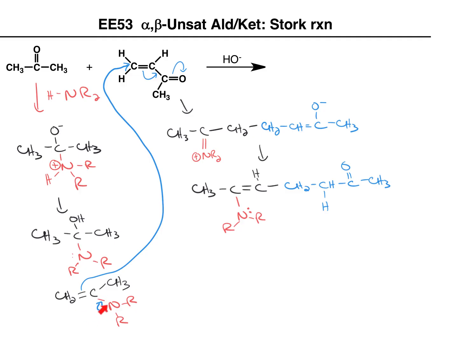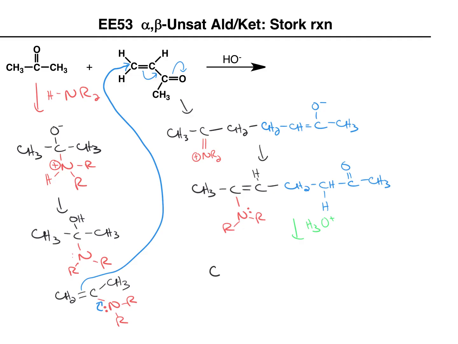But an enamine plus water and probably acid can lead to the reverse, which means the enamine can be reverted back to the ketone. So if we take this new enamine product and we treat it with aqueous acid, then this is going to be converted back to the ketone.